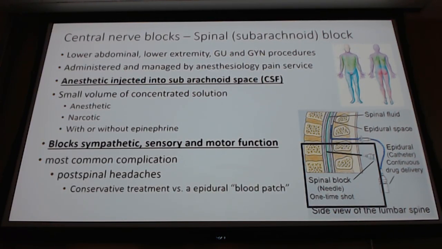It's a one-time shot. Okay, we do not leave catheters inside of the spinal canal. We can do it multiple times over the course of a few days if it wears off, but most of the time it's long enough acting that it stays for a decent amount of time to do whatever surgery or procedure we need to do.